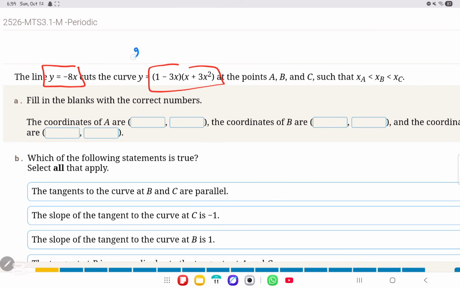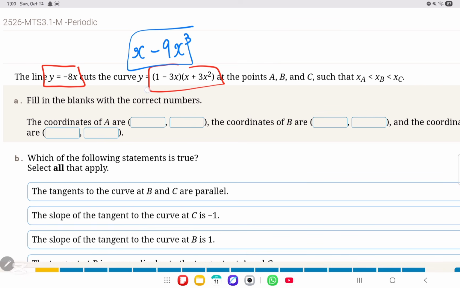So this is gonna be x plus 3x squared minus 3x squared minus 9x cubed. So then this and this will cancel and we will be left with x minus 9x cubed. Okay, so now the final simplest equation of the curve is x minus 9x cubed.